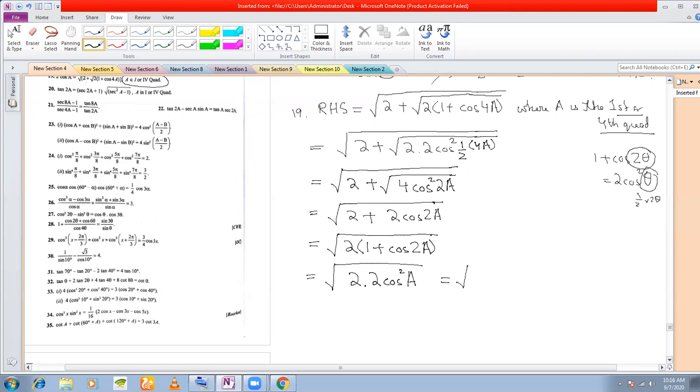So you get root over of 4 cos square a, which is equal to, again taking the square root because cos is positive in the first or the fourth quadrant, 2 cos a, which is equal to your left hand side. And this is what we had to prove, right?